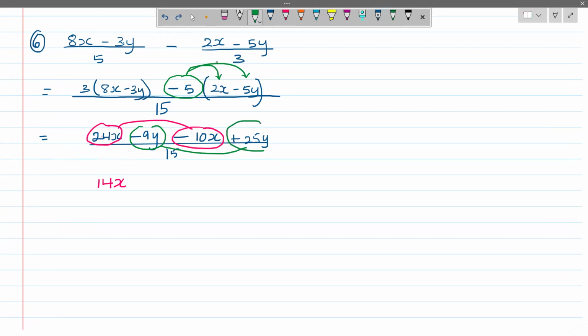Make this circle a little bigger because this positive sign is for the 25. So 25 take away 9, that's going to give me what? 16 plus 16y. Yeah, everybody right to that? And that's going to be all over 15. Easy peasy.